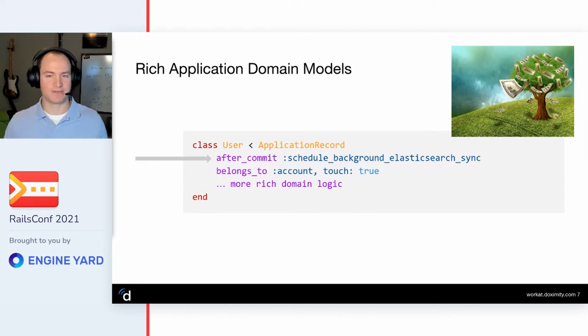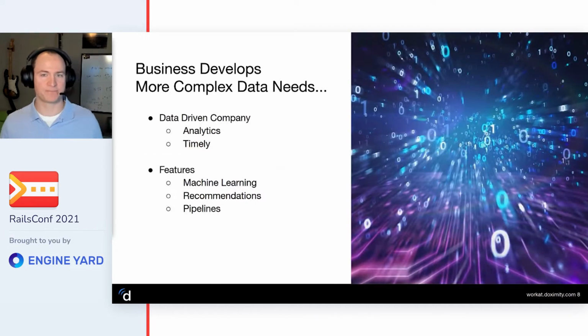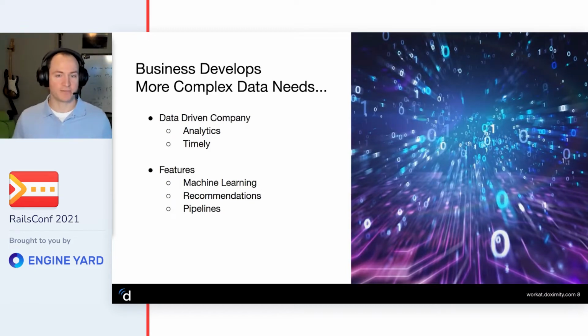And here's some examples of reasons that that would happen. So Doximity is a very data-driven company. Most of the decisions that we make for new products, leaning into specific areas of our business, are related to the feedback that we're getting from our users on whether they're engaging with our specific products.